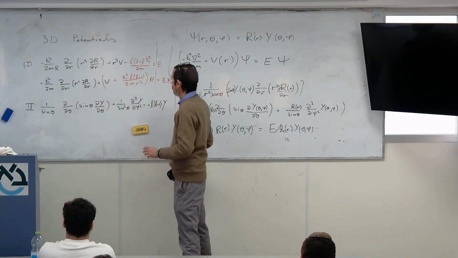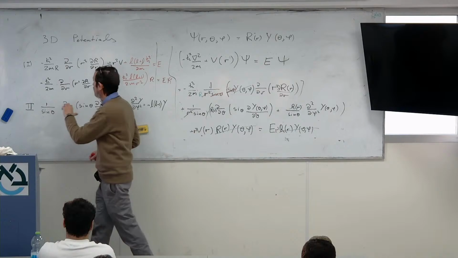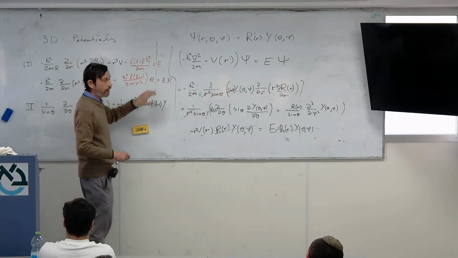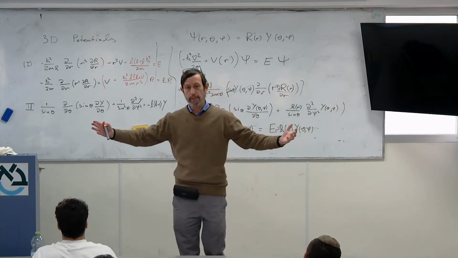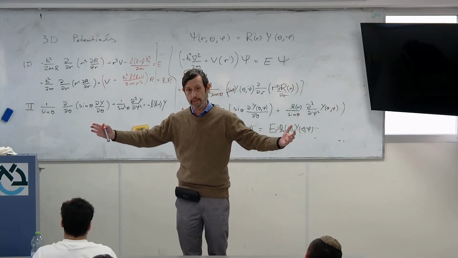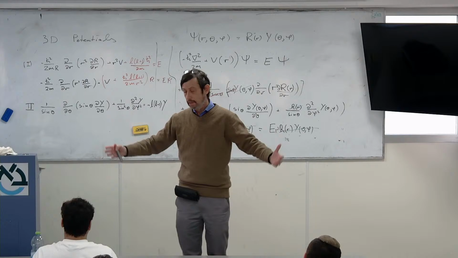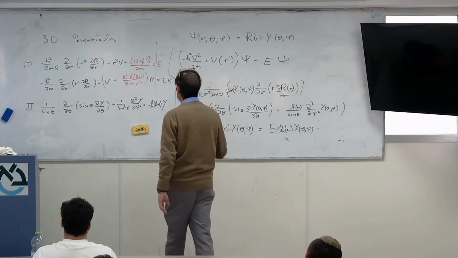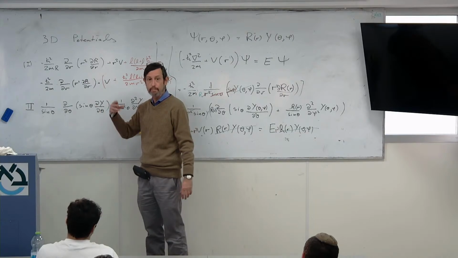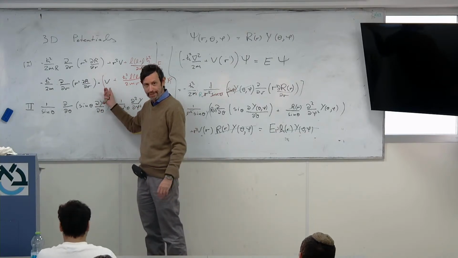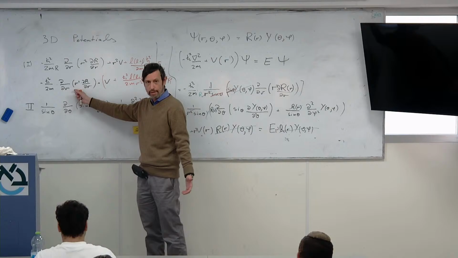So we have here 2 equations. One which tells us how the wave function behaves as a function of distance from the center. That looks like some kind of a one-dimensional system with a strange potential. At the moment also a strange kinetic energy.